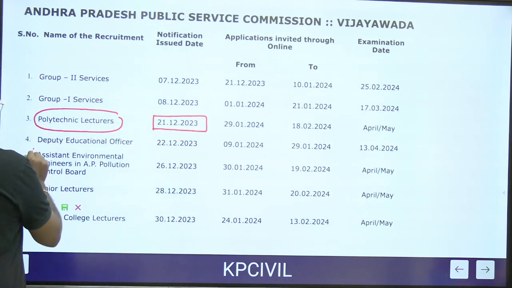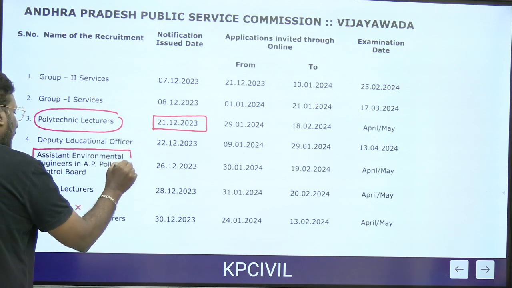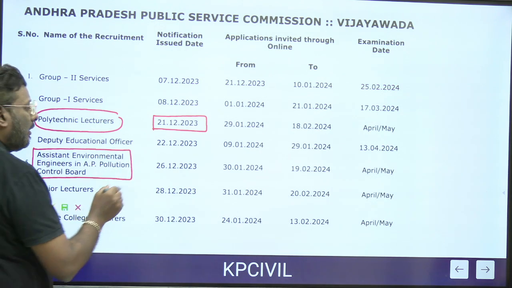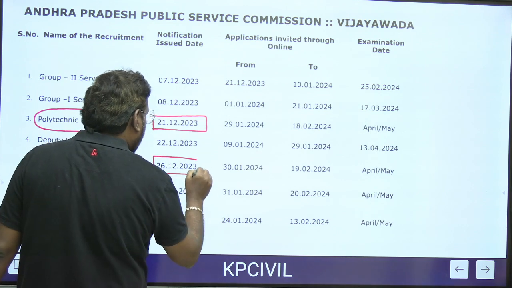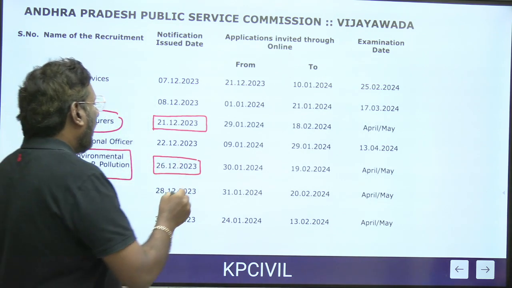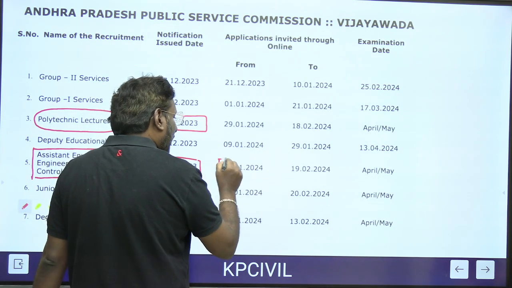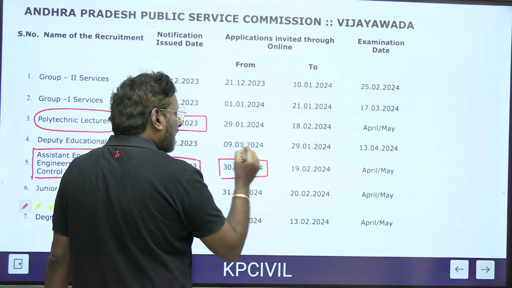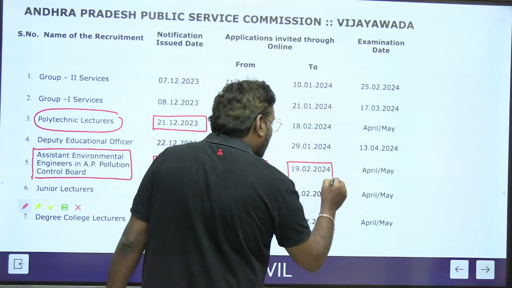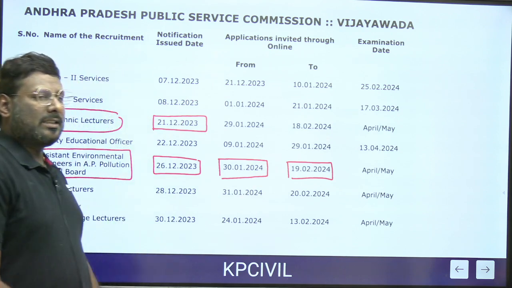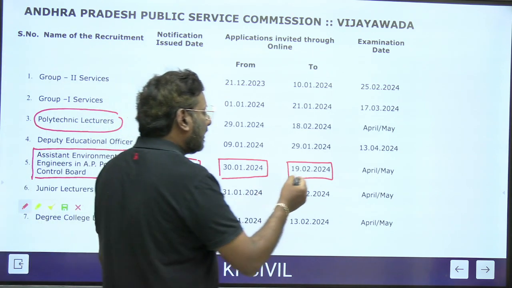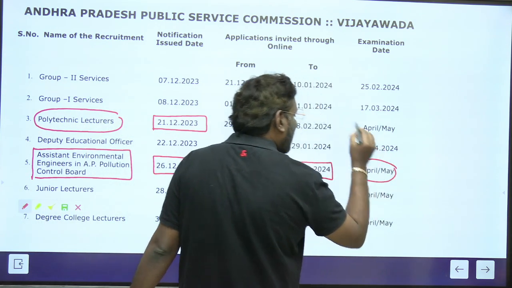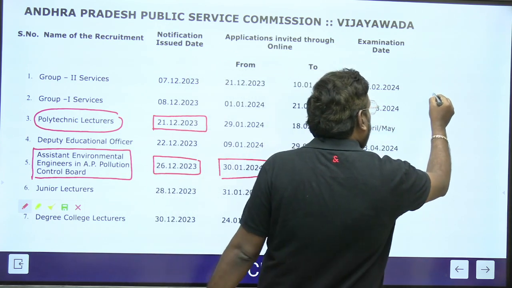Another one is Assistant Environmental Engineers in AP Pollution Control Board, notification released on 26th December. For this Assistant Environmental Engineer post, the site opens for application tomorrow. 19th February is the last date. The exam is conducted by April or May.